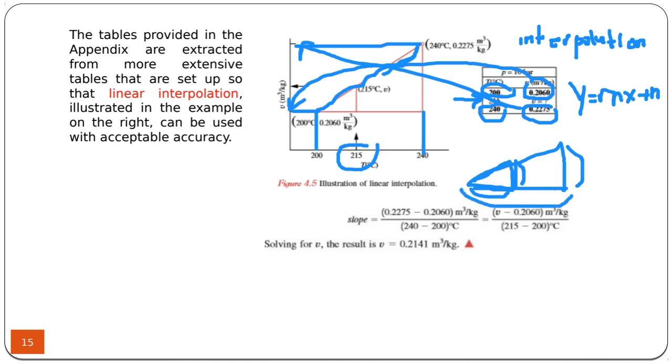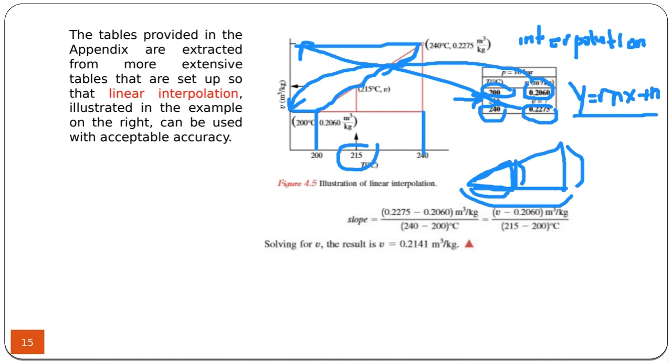Again, you only need to find out the value in between here. And in order to find out, your assumption is the variation of the values is linear. So by using the linear variation, you can obtain the equation of the line.